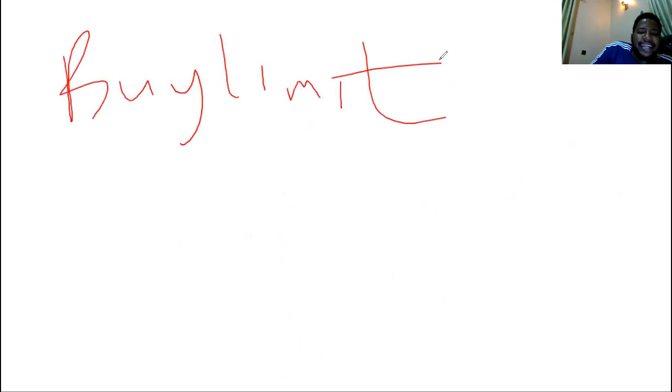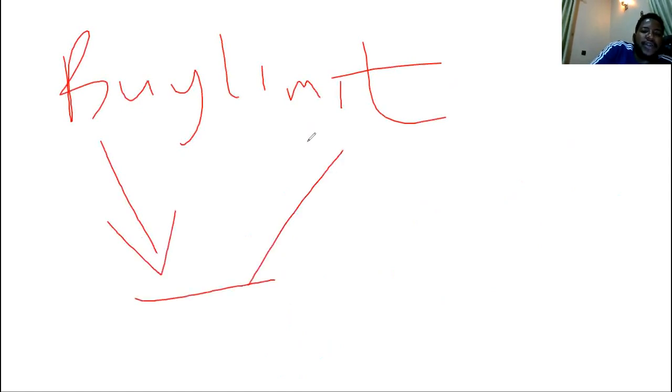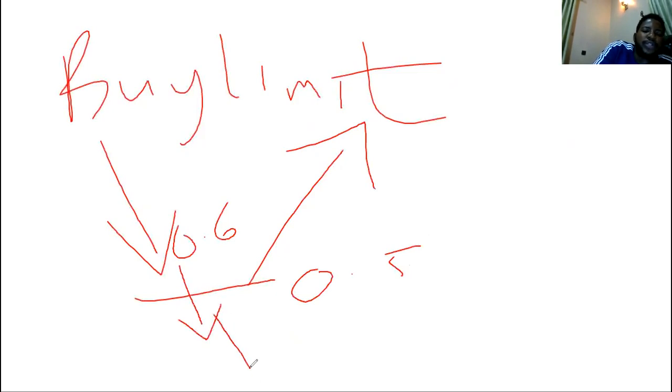So ideally, let's say the market is going this way, and you're already looking at, okay, at this point, the market is going to reverse upward. So let's say the market is at 0.6 and you're looking to buy at 0.5. Rather than using a sell stop, which is going to take the market down, or a buy stop, you're going to use a buy limit.